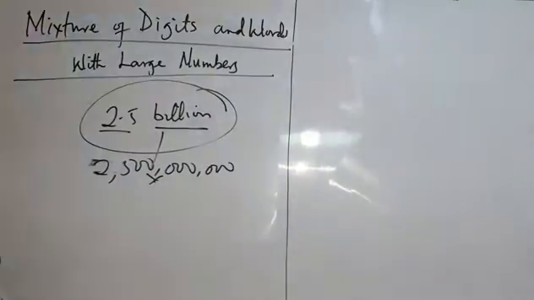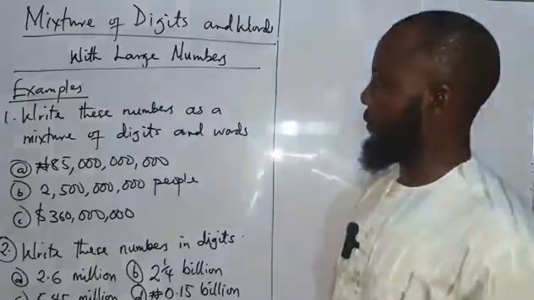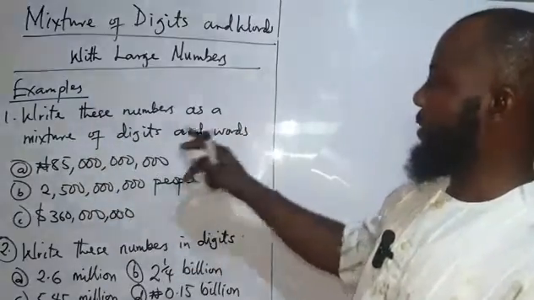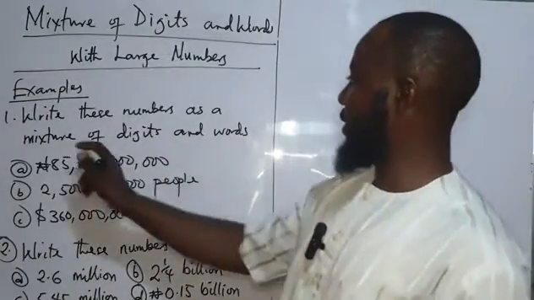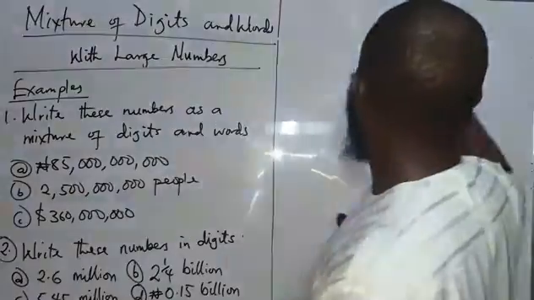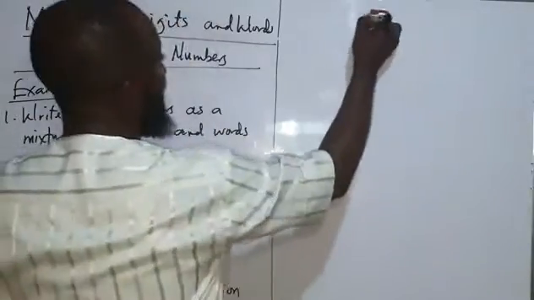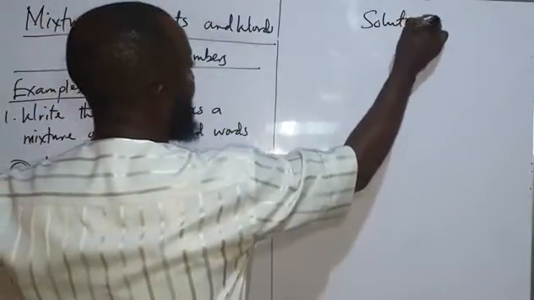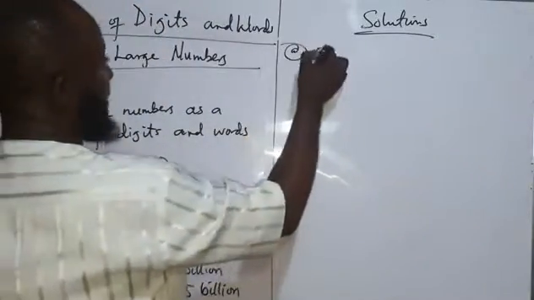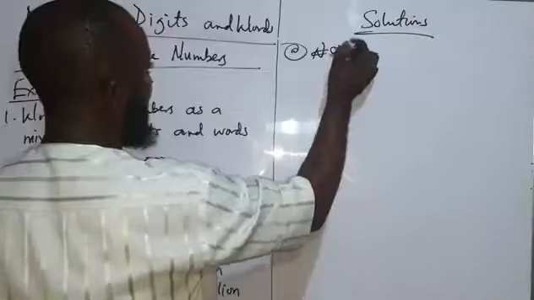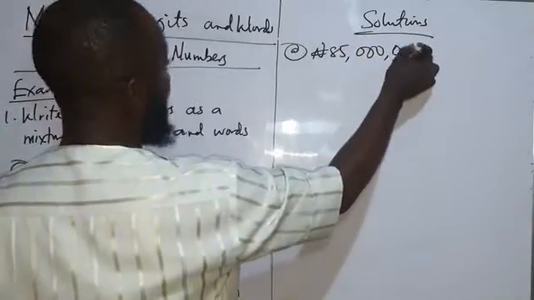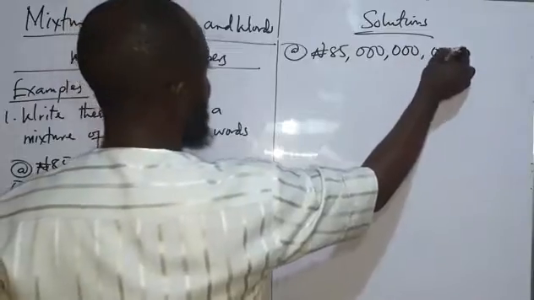So that's what to learn. Let's look at examples. Let's look at this example now. The first one, we have: write these numbers as a mixture of digits and words. So as you can see here, let's have the solutions. A, we have 85, then 0 0 0 0 0 0 0 0 0.